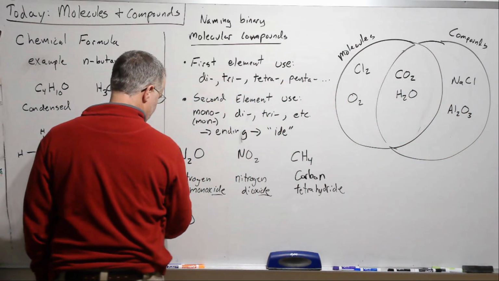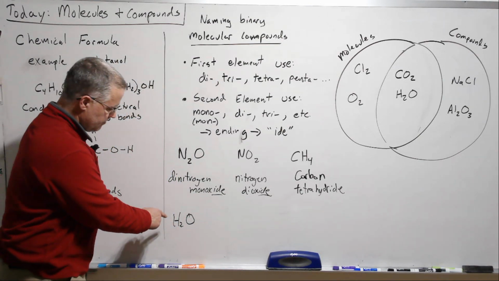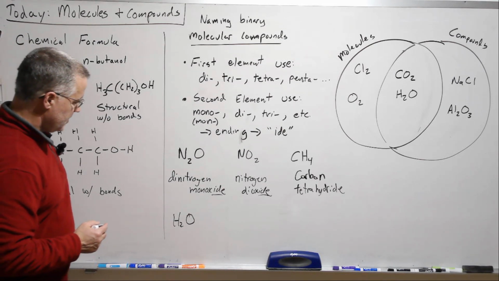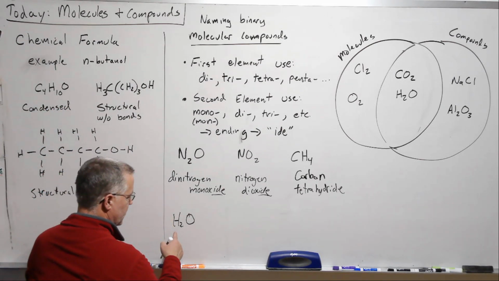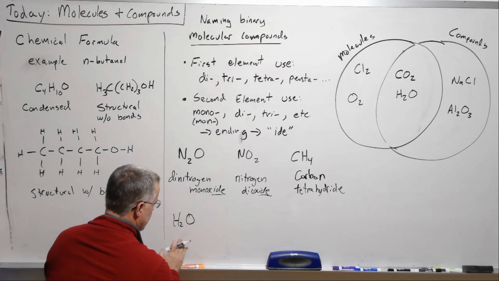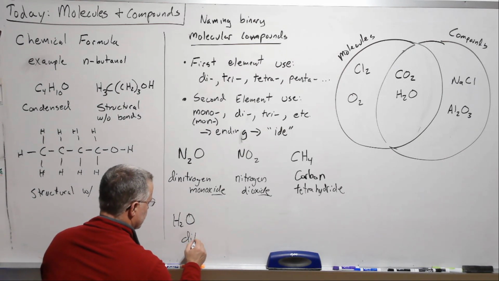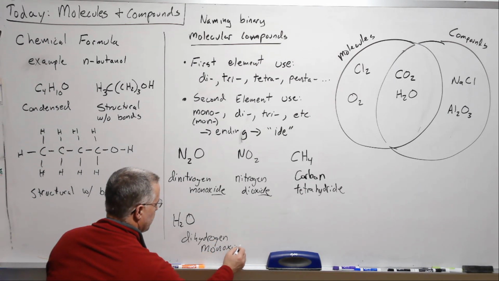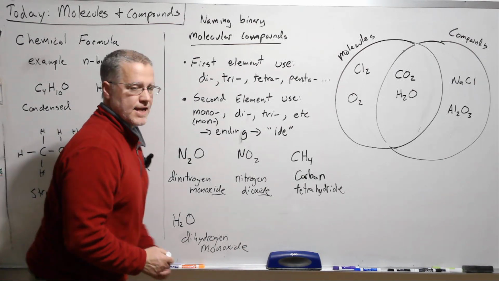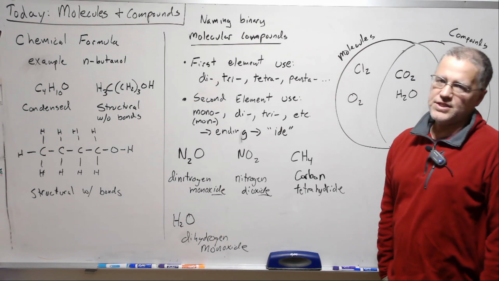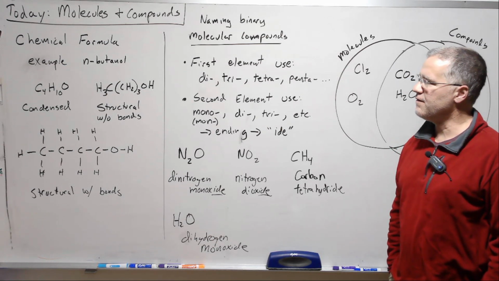But here with oxygen, of course this is water, but if we use the systematic naming scheme, then we do see here the hydrogen is first. So this would be dihydrogen monoxide. Dihydrogen monoxide.